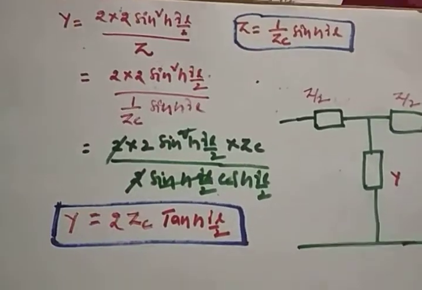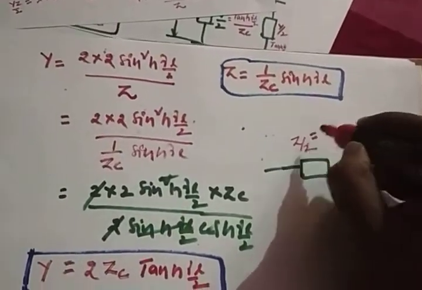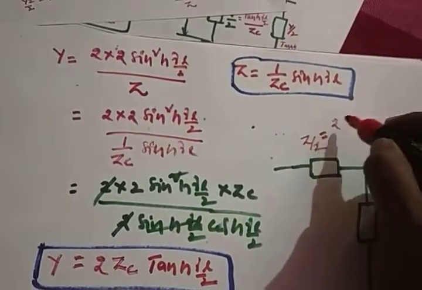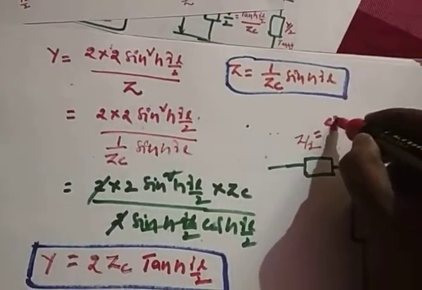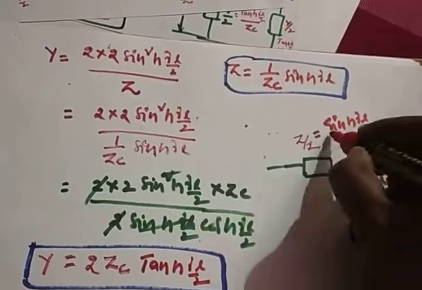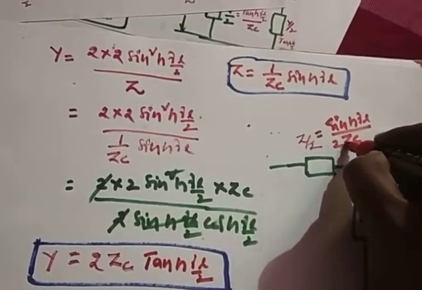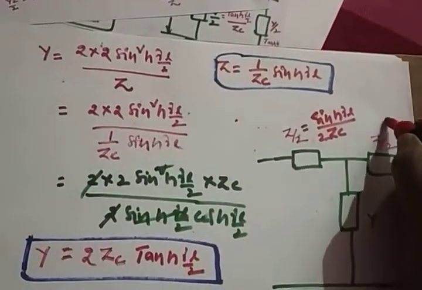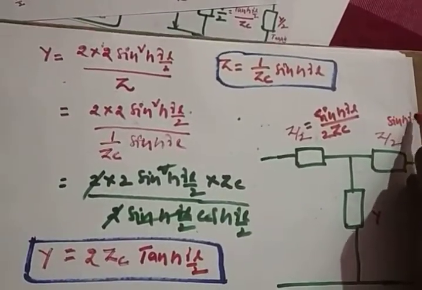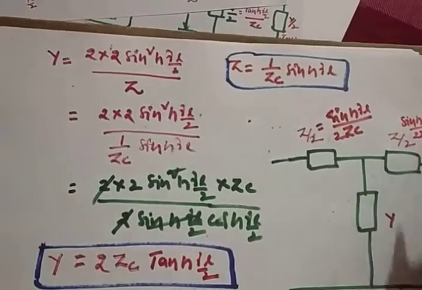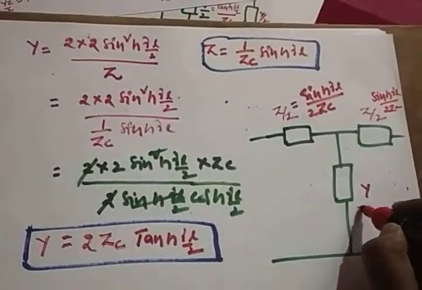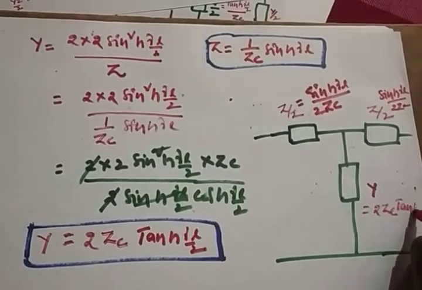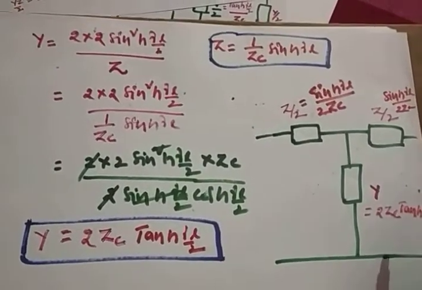This is called y. So what is the value of z by 2? So z by 2 means sinh gamma L by 2Zc, correct? Here also sinh gamma L by 2Zc, right? So what is the value of y? That is equal to 2Zc tanh gamma L by 2.